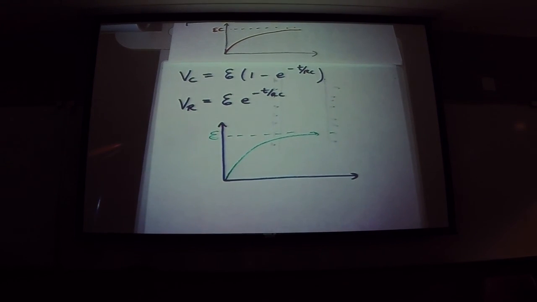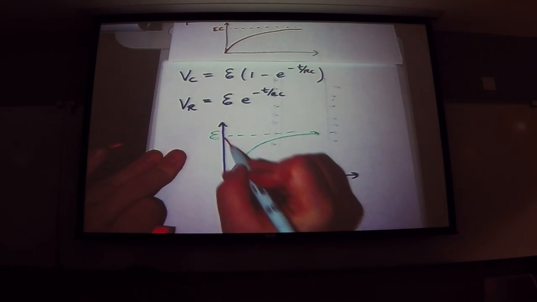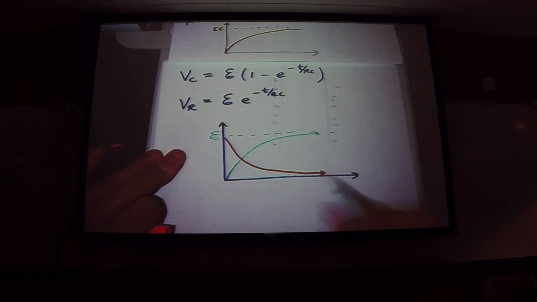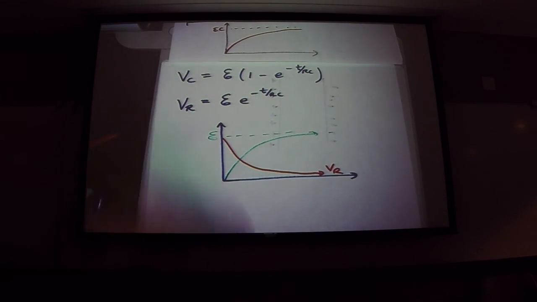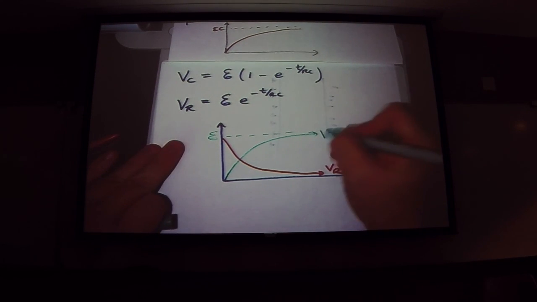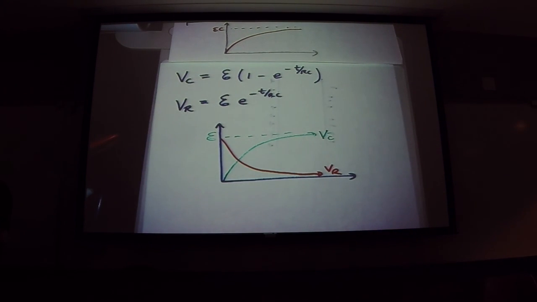And the voltage across your resistor, here's my VR. Green is the capacitor.